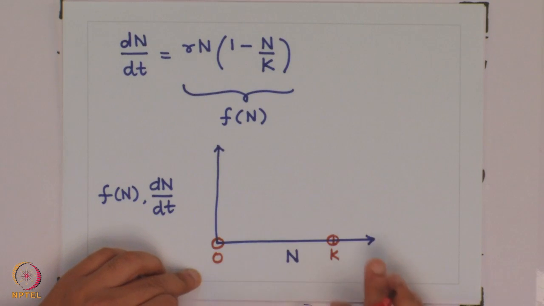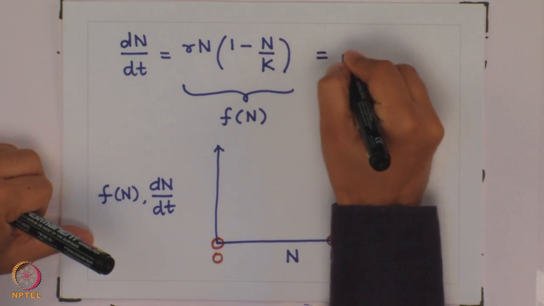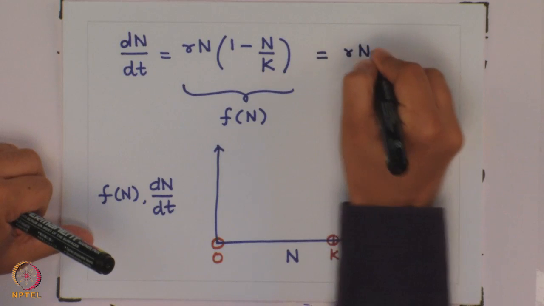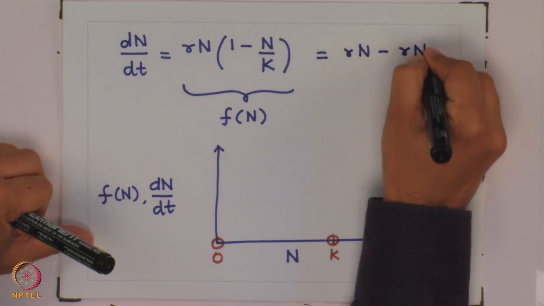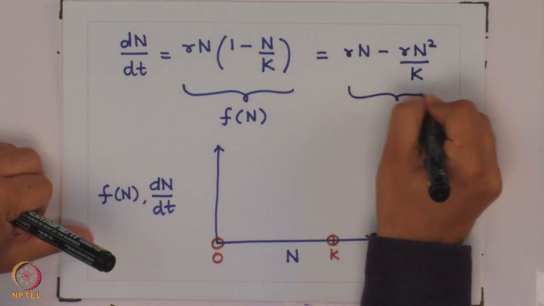Now, to plot this graph, we can open the brackets associated with this equation and write this as rN minus rN square by K, which represents a parabola.